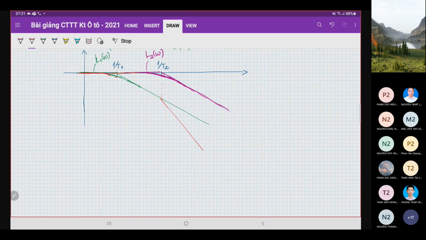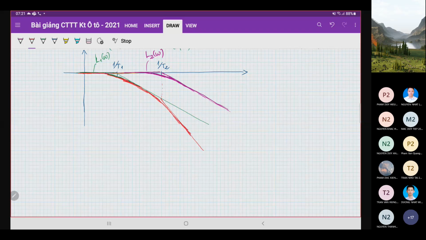And you see the real one will be like this. Yes.